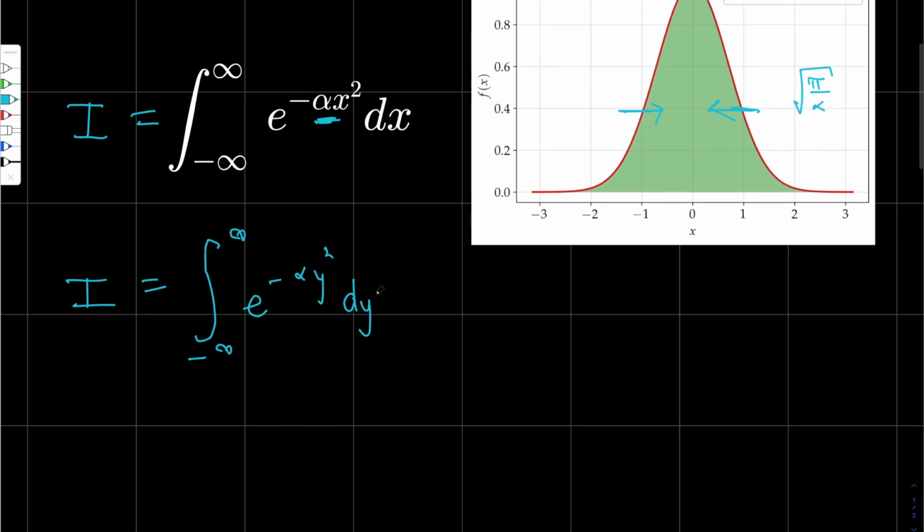And what I'm going to do now is I see that if I can somehow manipulate this to get x squared plus y squared, I can transfer my coordinates from the x, y world to the r theta world. And I know that in the r theta world, dx dy is equal to r dr d theta.